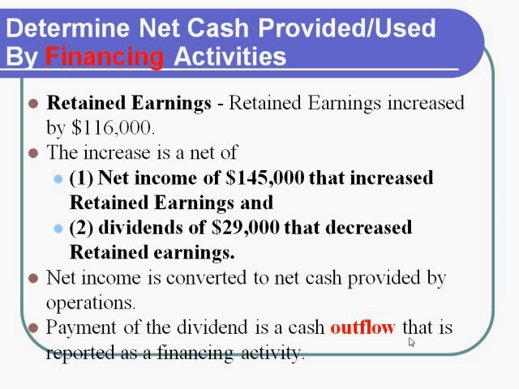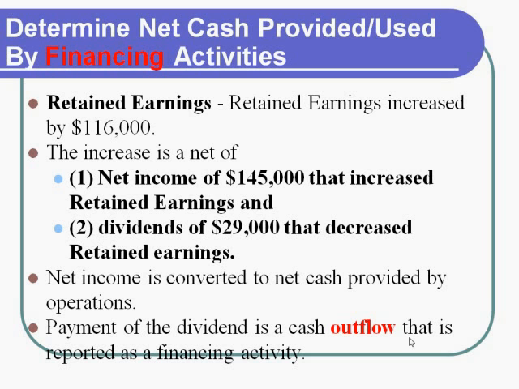Now we know that net income increased retained earnings, that would be on the credit side. And we know from our additional information that dividends of 29,000 were declared and paid. Dividends would go on the debit side of retained earnings. And that is just a way to balance and make sure that you accounted for everything. And if you take 48,000 beginning balance plus 145,000 minus 29,000, that will equal your ending balance of 164,000.